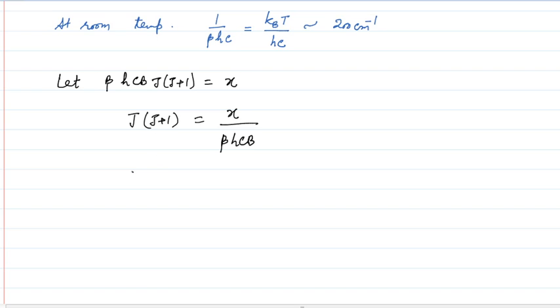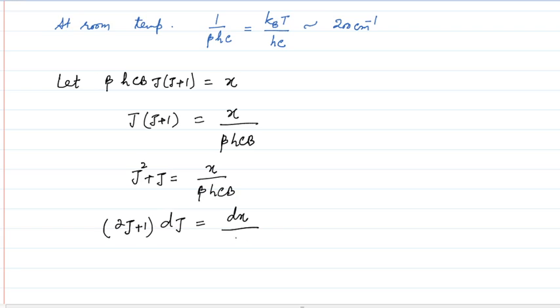So it can also be written as j square plus j will be equal to x upon beta hcB. So you can also write it as 2j plus 1 dj will be equal to dx upon beta hcB.